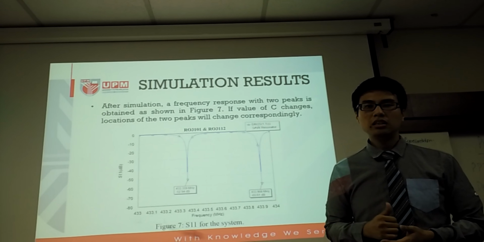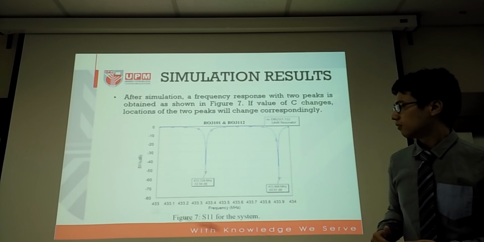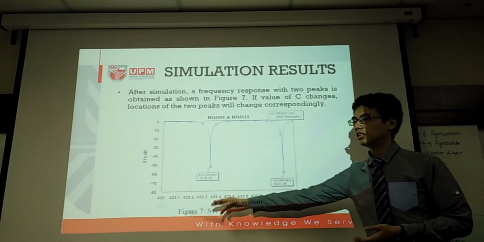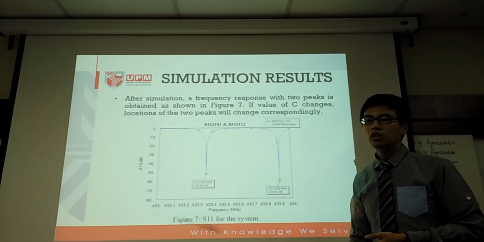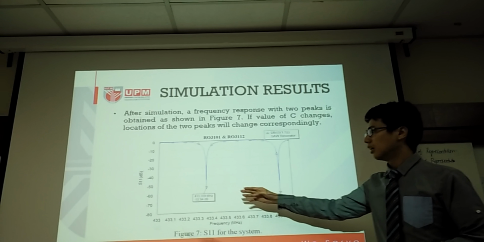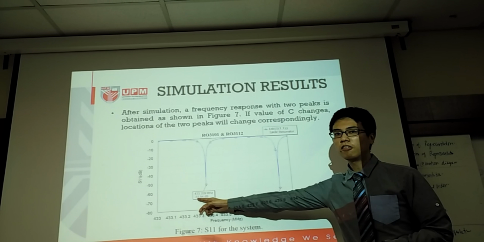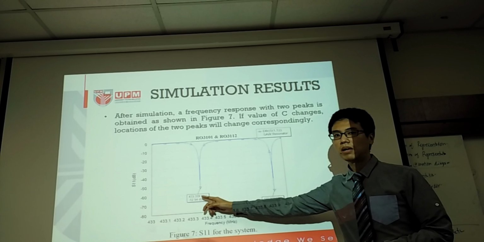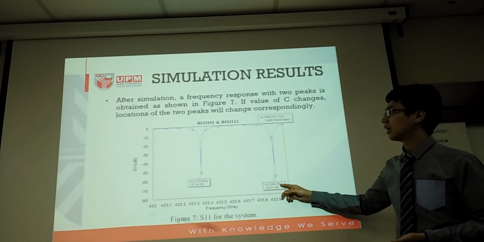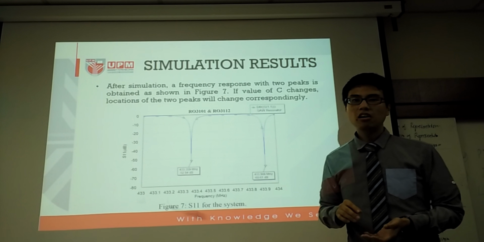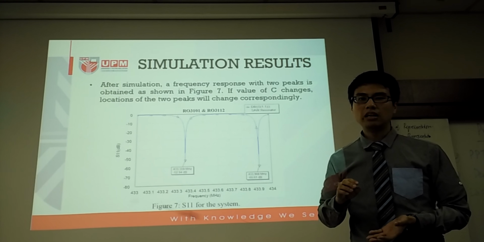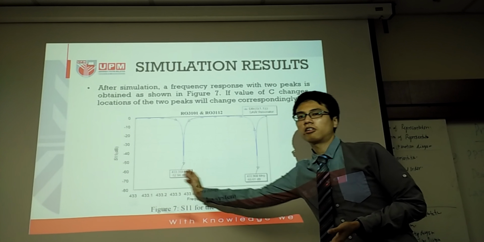When the simulation is performed, the frequency response is obtained as shown in figure 7, in which two very sharp peaks can be seen, located at 433.359 MHz and 433.908 MHz. If the value of the gas sensor capacitance varies, the location of the two peaks will change correspondingly.